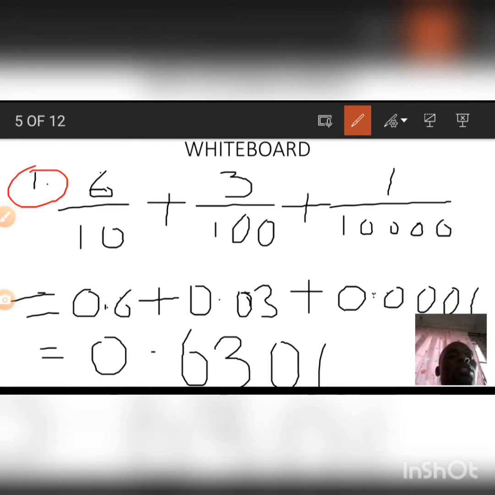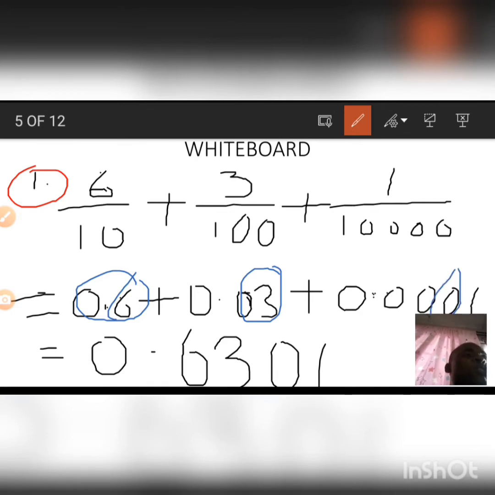And once we do this, we are going to get 0.6, because 6 is occupying the first position. All right, so then in the second position, you can see the 3 occupying position number 2. So it becomes 0.63. But the third position is occupied by a 0.